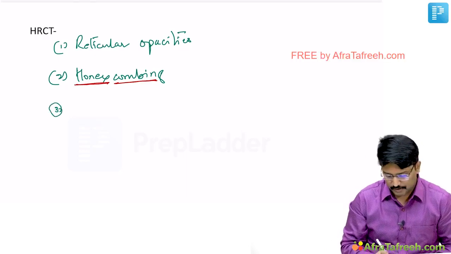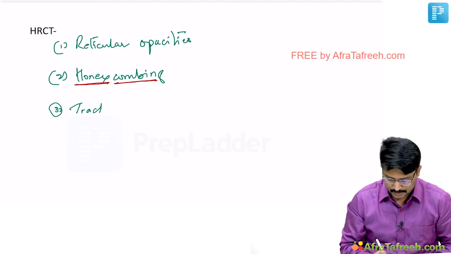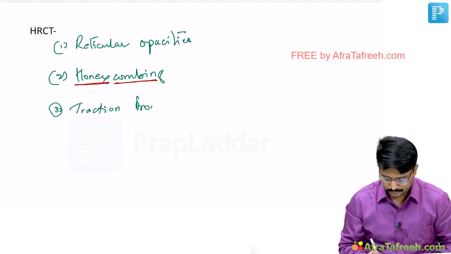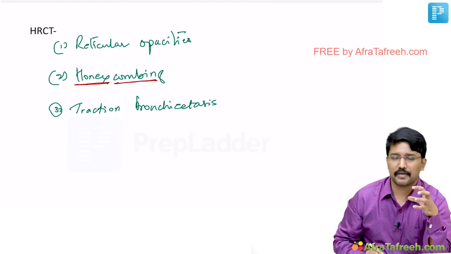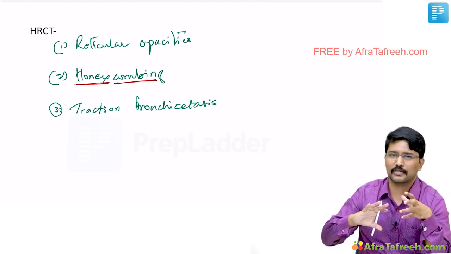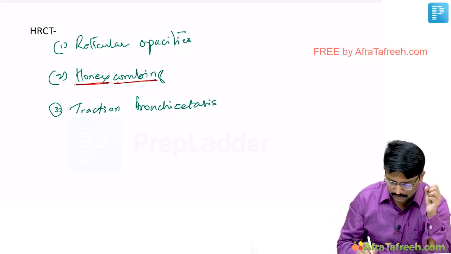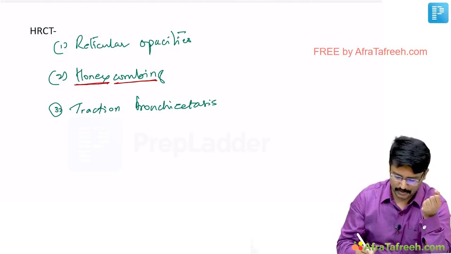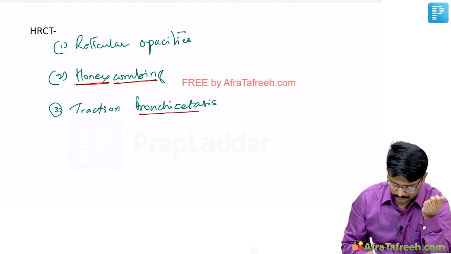And third thing we can notice on HRCT is traction bronchiectasis. Because of significant fibrosis which causes architectural distortion, the bronchi are pulled in different directions, leading to traction bronchiectasis.